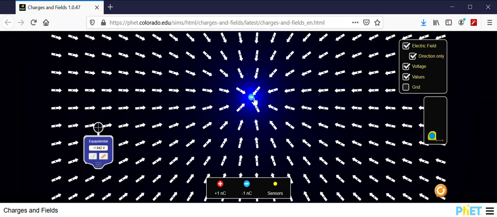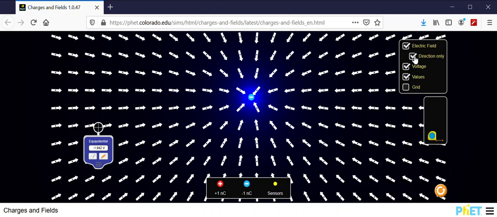The charge is minus 1 nanocoulomb, and as expected, all the vectors point towards it. These are electric field vectors, so they all have to point towards the negative point charge.